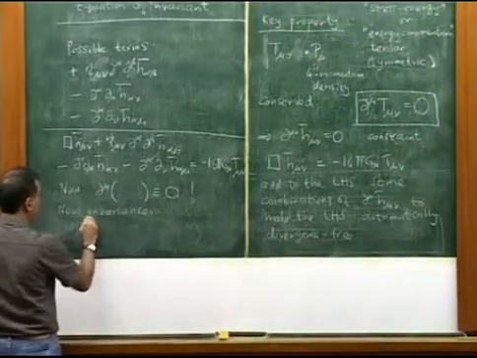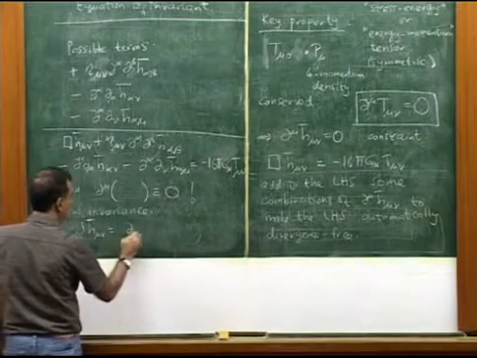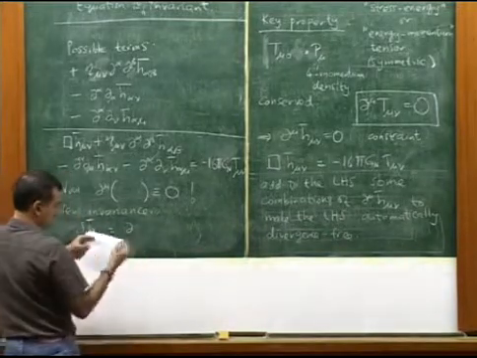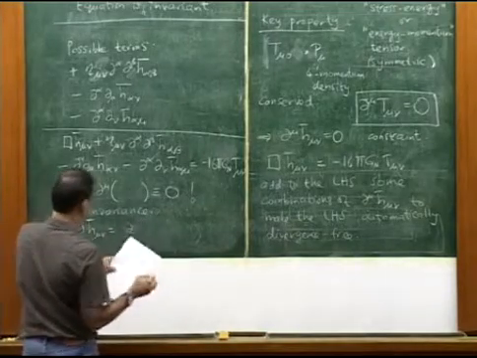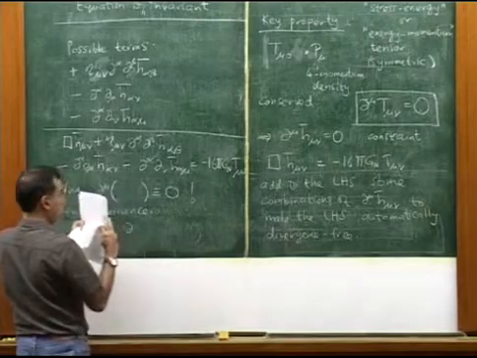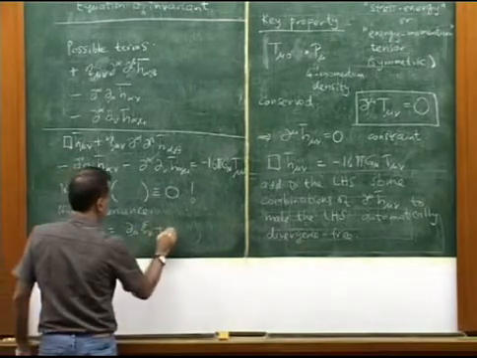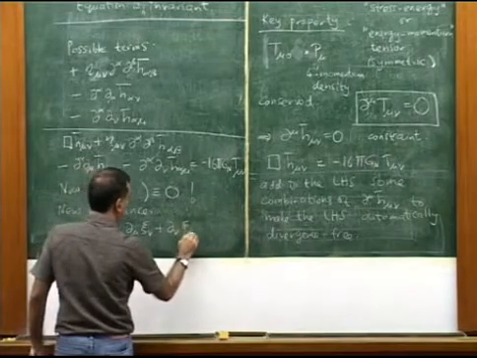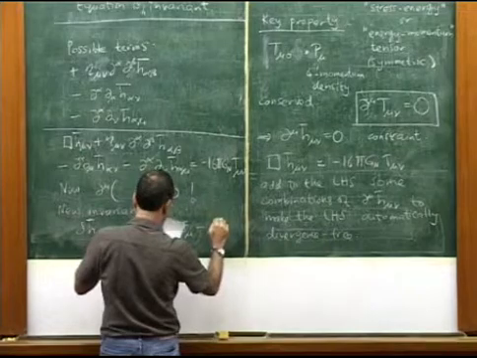The variation of h bar mu nu is equal to del mu of psi nu plus del nu of psi mu minus eta mu nu del rho of psi rho.